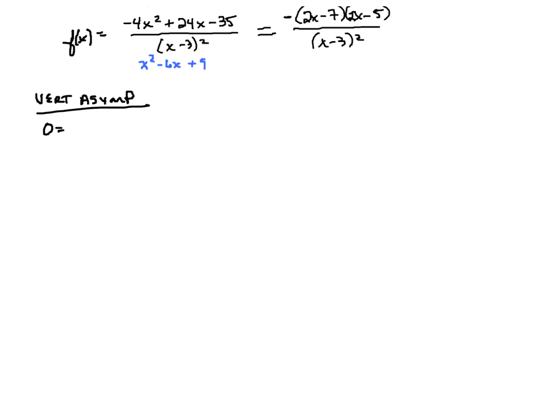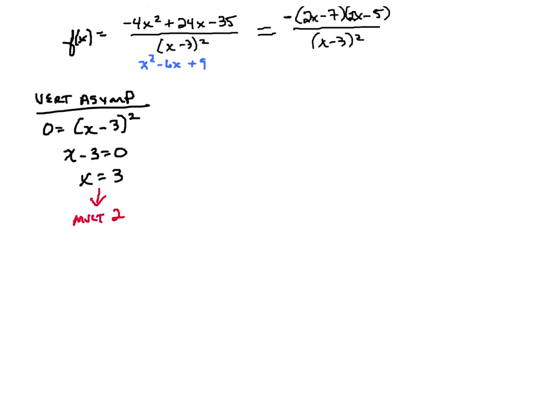I have a vertical asymptote wherever the denominator is equal to 0, and it doesn't divide out with a factor in the numerator, because those are holes. Nothing divides out, so I have one at x minus 3 equals 0, x equals 3.